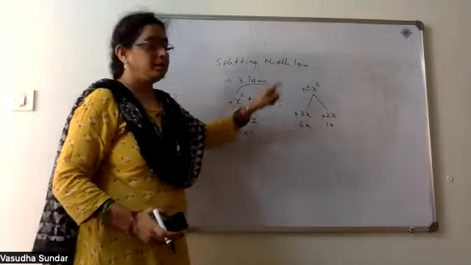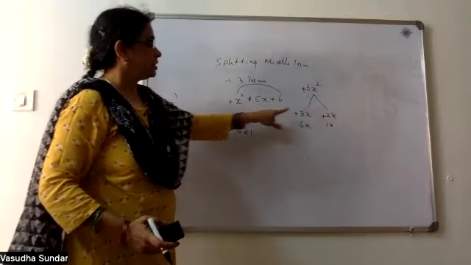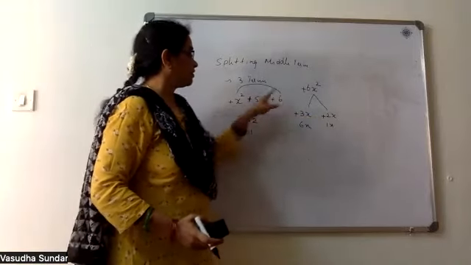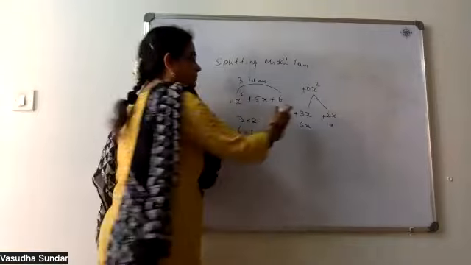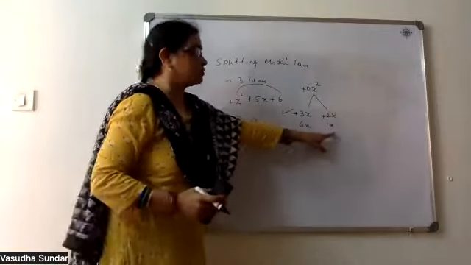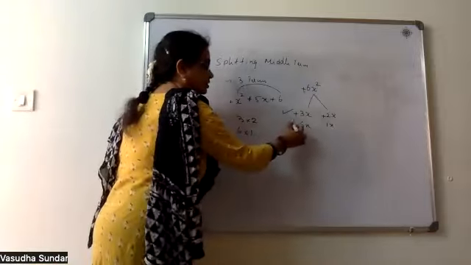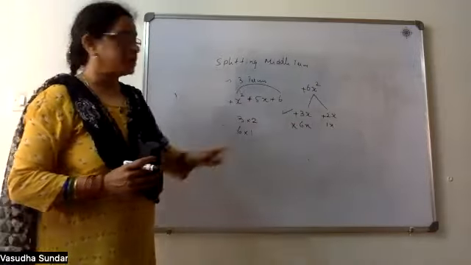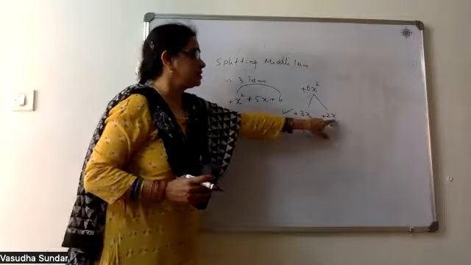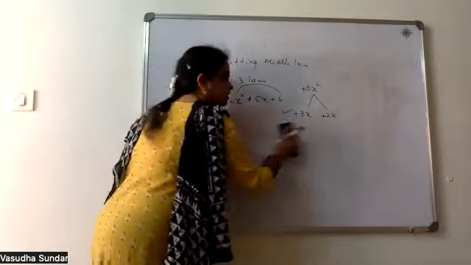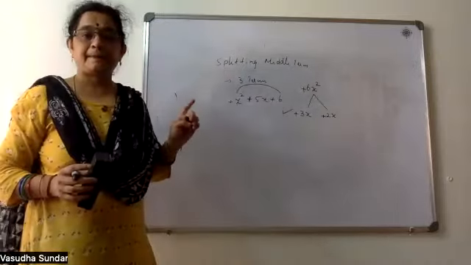This is satisfied. Is the sum satisfied? 3x plus 2x is 5x, satisfied. 6x plus 1x is 7x, it's not satisfied. So this you cannot take. So what are the factors? 3x and 2x. Is it clear? Is it clear till now?